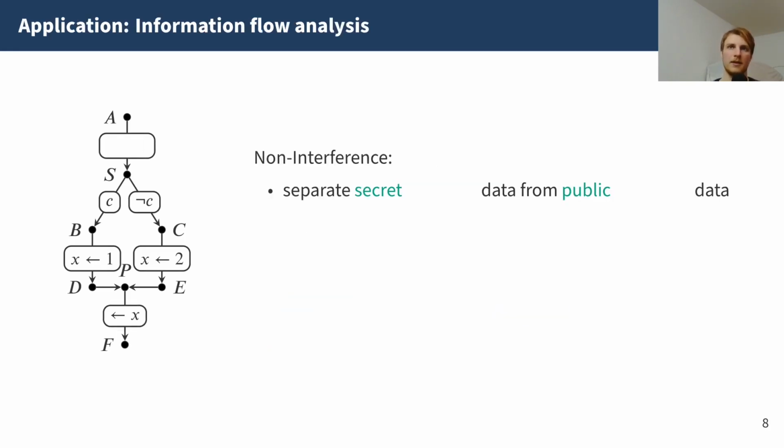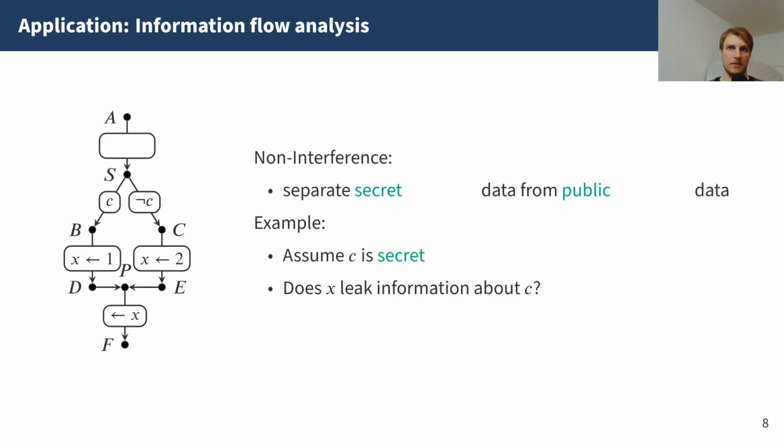But there are also other topics that are interested in a uniformity analysis. For example, non-interference is very related. In non-interference, we want to separate secret data from public data. Consider this example. We assume C is a secret variable, so it might be a part of a password or something.